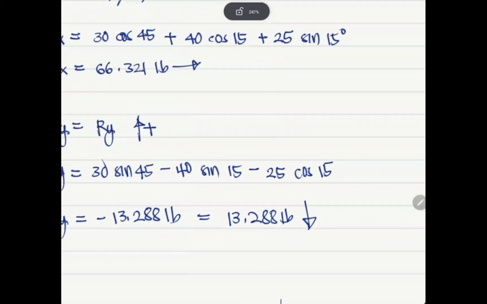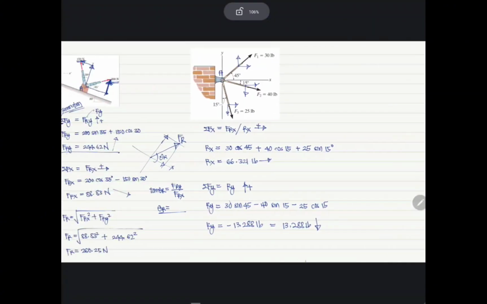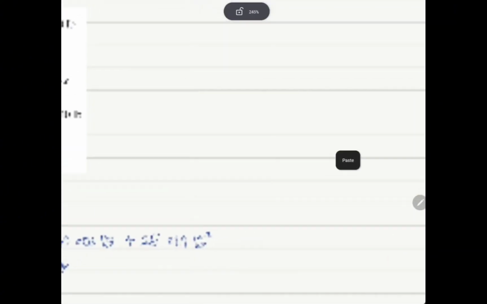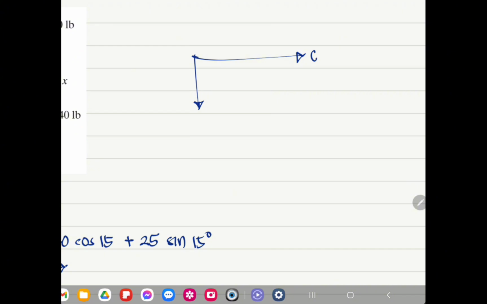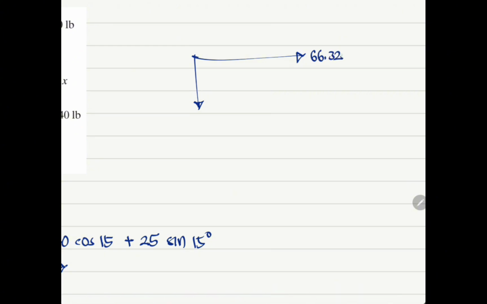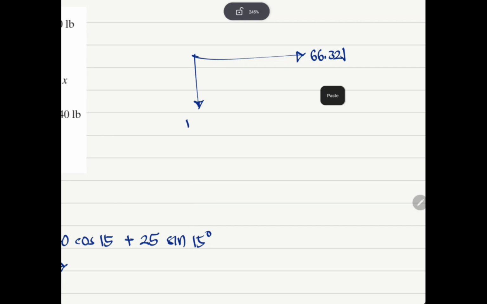Then if we sketch it, it is downward and to the right. This one is 66.321 and this one is 13.288 in pounds.